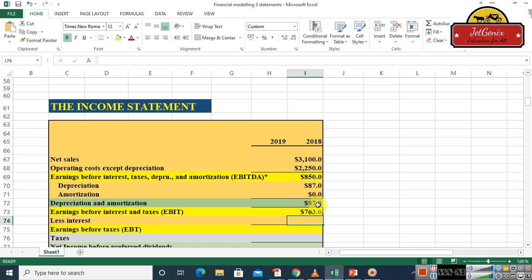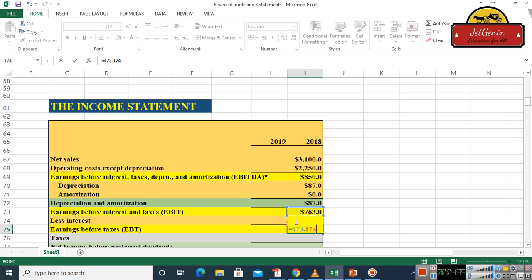Now we are going to calculate the interest expense. Okay, and let's assume that the interest expense of this company is 60 million. So after this we are going to subtract the interest expense from the EBIT, and we can do it by pressing the equal sign and then select this one and minus the interest expense.